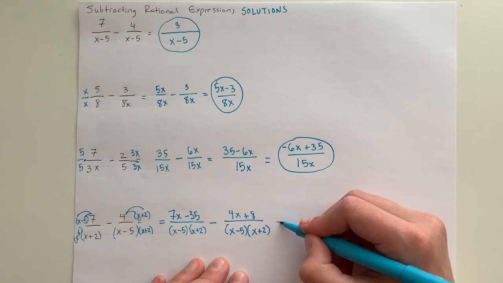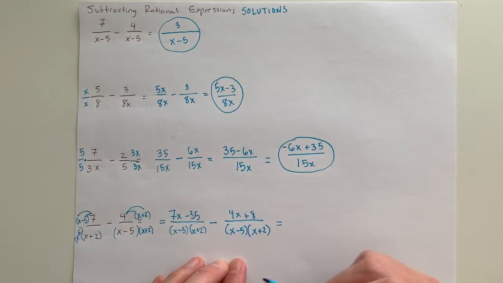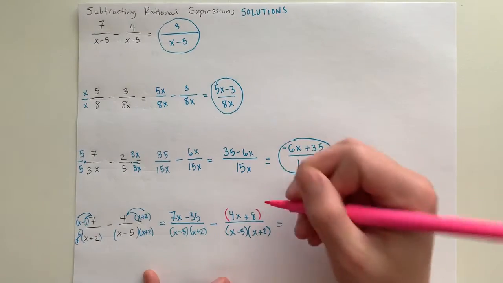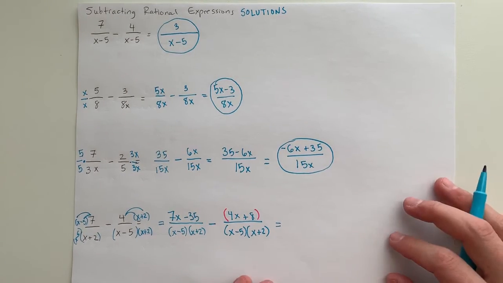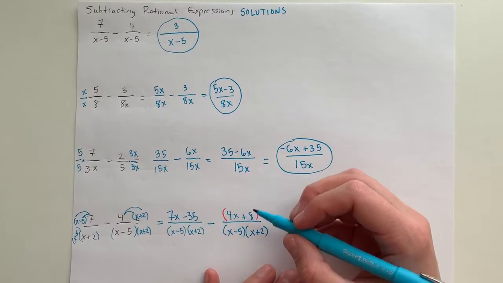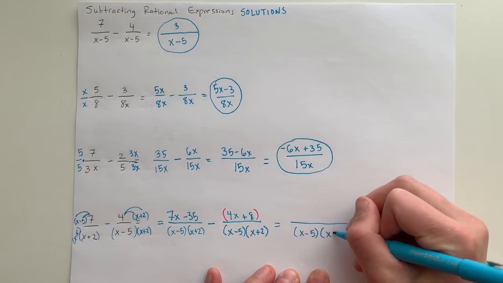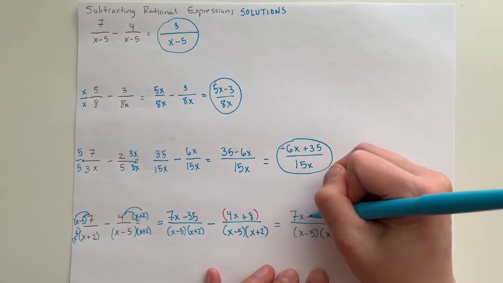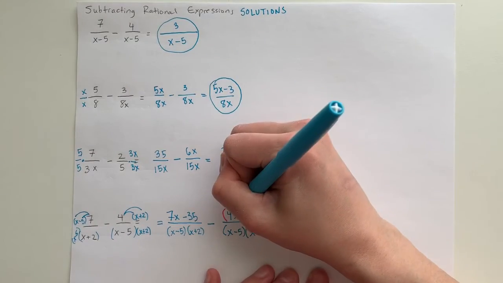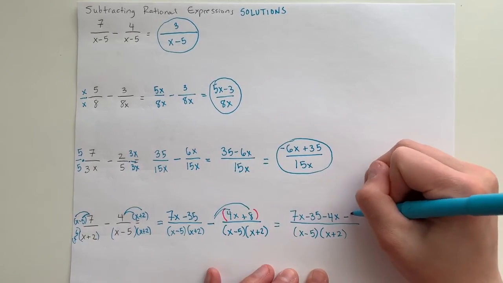So this is where it gets a little bit tricky because we have multiple terms in the second fraction that I'm subtracting. This is where it's really important to make sure that you're subtracting both terms. Okay, so you need to basically change the sign on both of them. So when this becomes one fraction here, I've got my x minus 5, x plus 2. I've got 7x, take away 35. And now we are taking away 4x, and we are also taking away 8, okay?